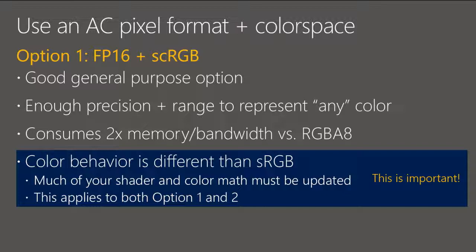However, if you go from sRGB to sCRGB or HDR10, you're completely changing the meaning of what each color means. So for example, that blue patch that we saw a couple slides ago will be a completely different color. And all of your pixel shader math is going to be wrong and will need to be updated.